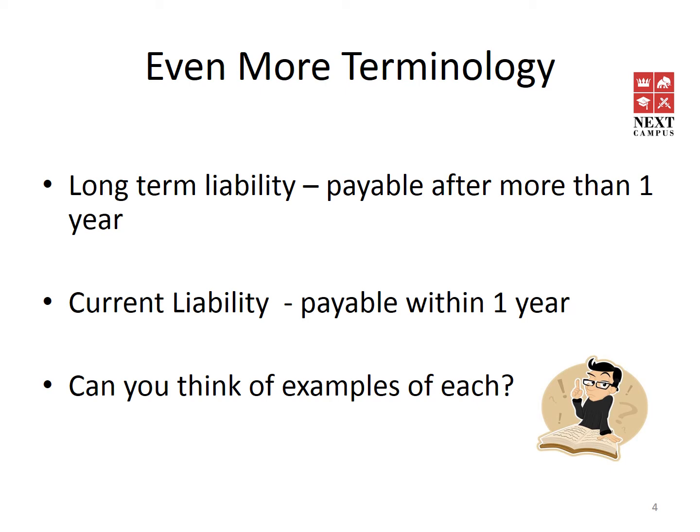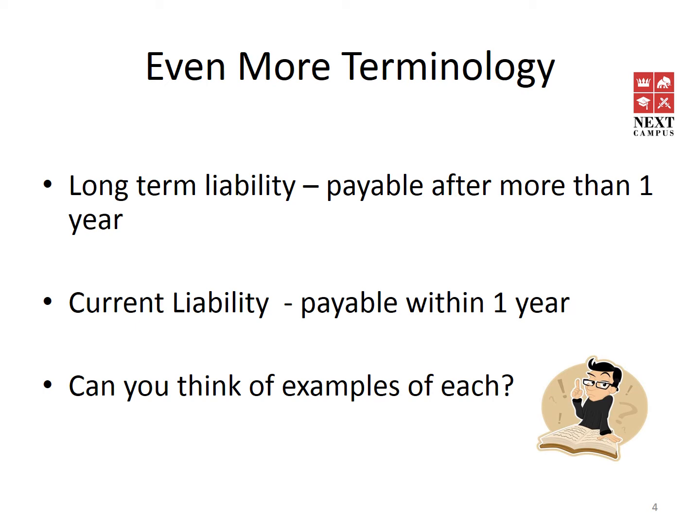Or accrued utility bills. Examples: electricity, water, or telephone bills accrued. They have to be paid in the next month. So that's current liability. So liabilities, you can divide as long term and current.